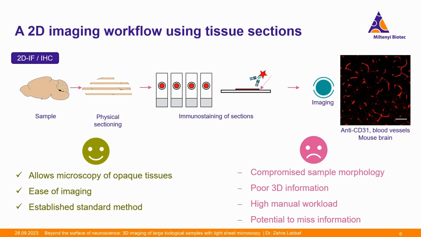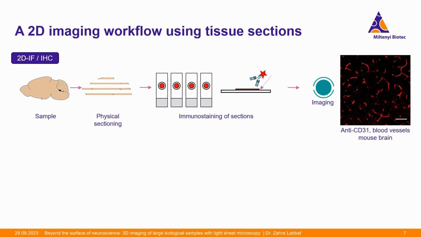And of course, since you have to do sectioning, mounting, and staining of these individual sections, you would have a high manual workload. At the end, it might also happen that during sectioning, you would lose a section, and therefore you would not be able to observe a specific structure, and in principle there is a potential to miss information.